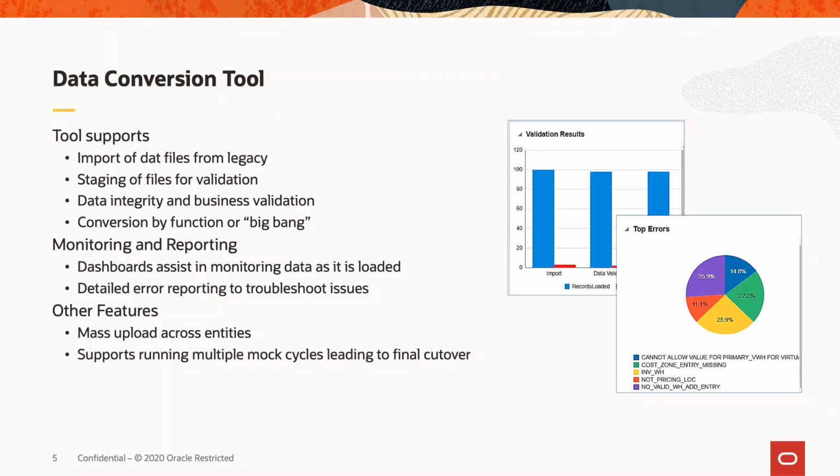The idea being to help you see some of the common errors that are coming through as you're doing your practice runs, and that's to help you point to where you may need to make some corrections in your transformation logic or the extract logic that's being used to create the files that are loaded. And the whole idea being that these practice runs, of course, would give you a smooth conversion at the end of the day with no errors.